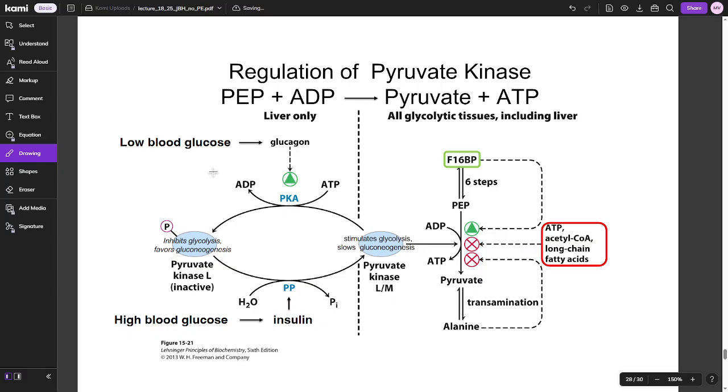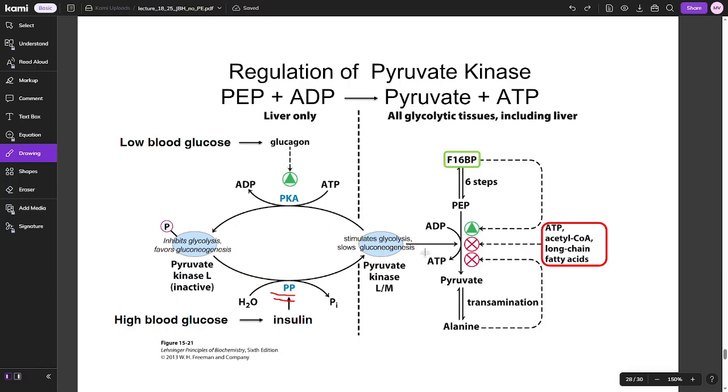If we have a lot of glucose, we're going to want to do glycolysis. Insulin promotes storage and the performance of glycolysis, and insulin leads to dephosphorylation. If we want to activate it, we're going to use insulin to use our protein phosphatase to activate this enzyme. Voila! It stimulates glycolysis when in the dephosphorylated form.